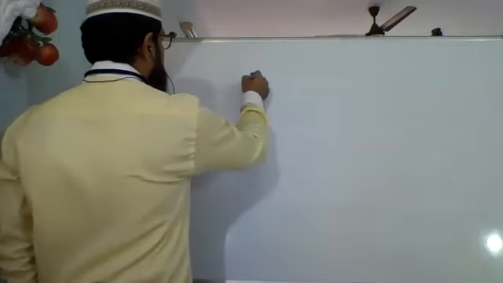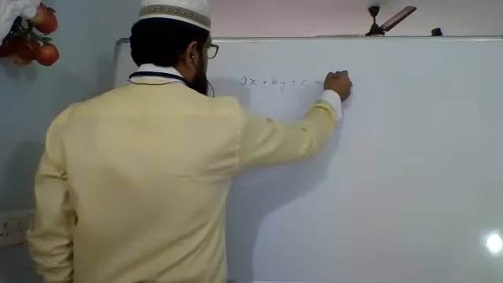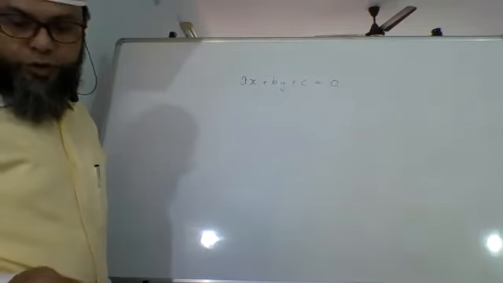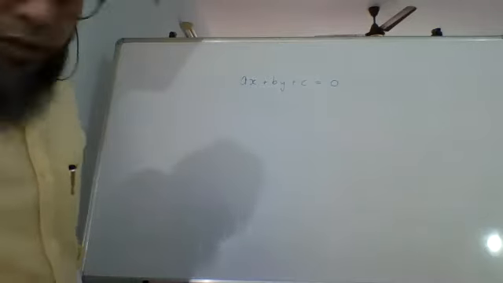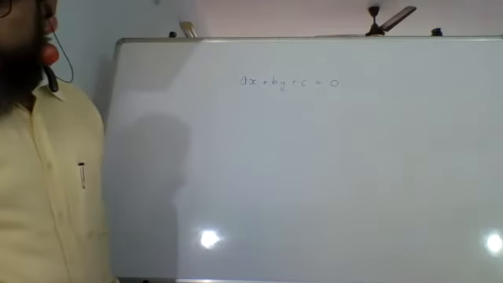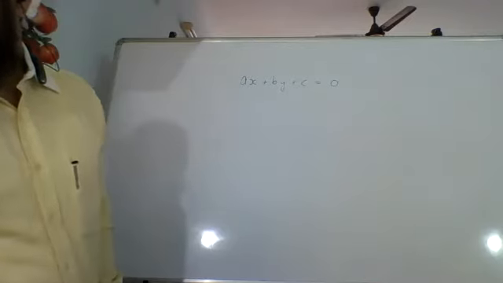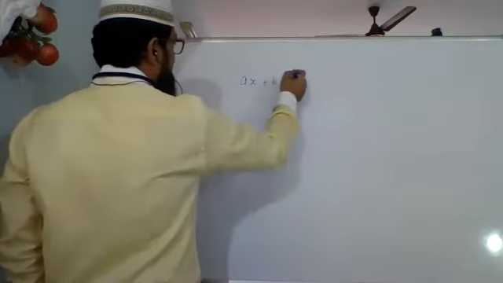Something like this: ax plus by plus c equal to 0. This is called a linear polynomial. Here all the powers are 1.